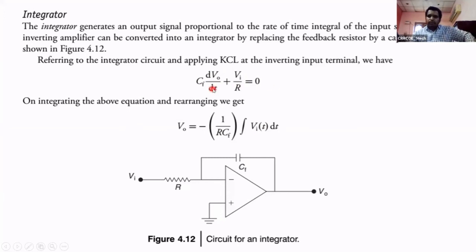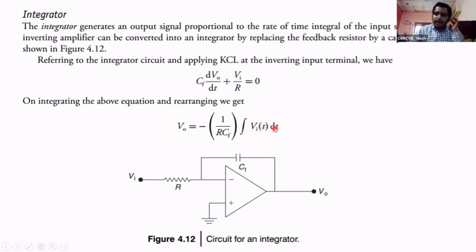Send the dt towards the left. Now integrate on both sides. Integration of dV0 is V0. Now integration of Vi dt means we are integrating the input voltage with respect to time. So the output voltage is the integration of the input voltage with respect to time.